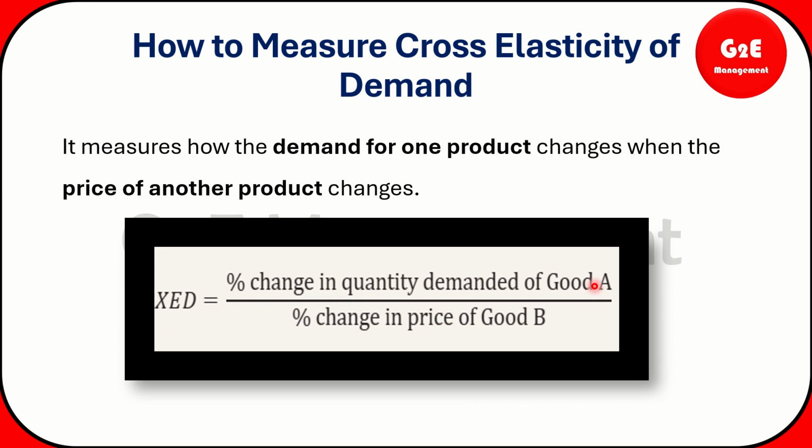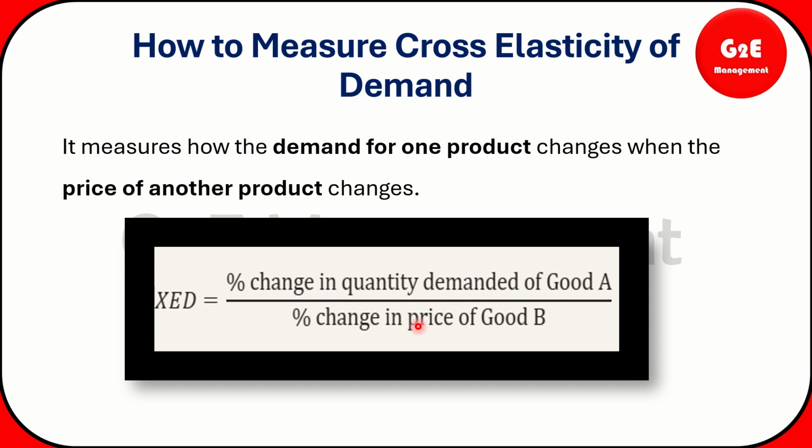Because cross means two, we have good A here and good B here. We should not put the same good A and good A; that is wrong. Sometimes in MCQs they will provide this. So that's very important: cross means two different goods. On top it will be demand, and on the bottom it will be price.